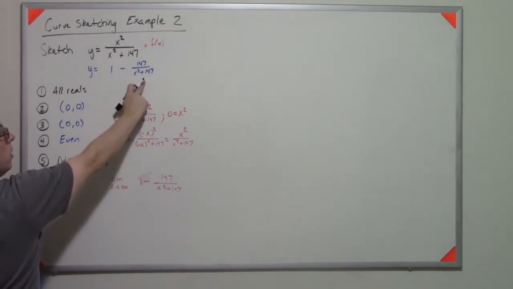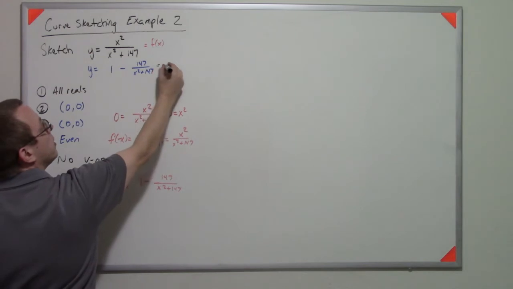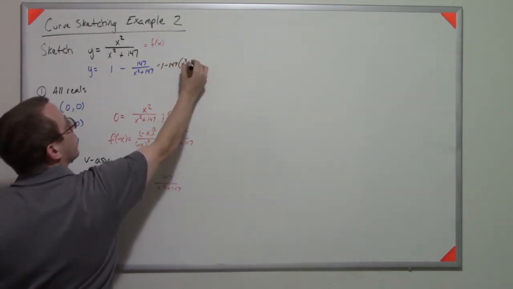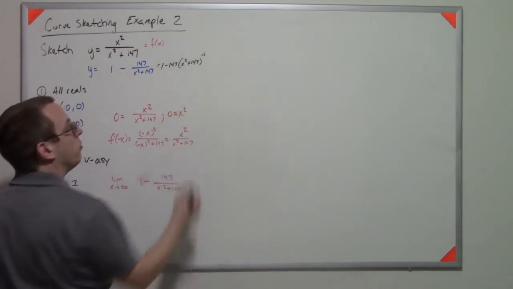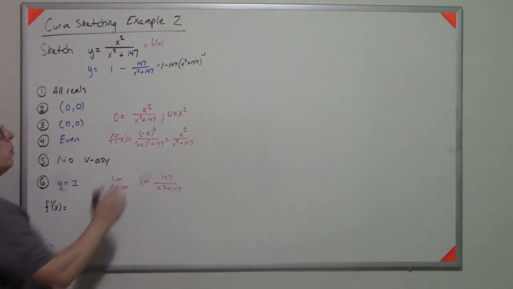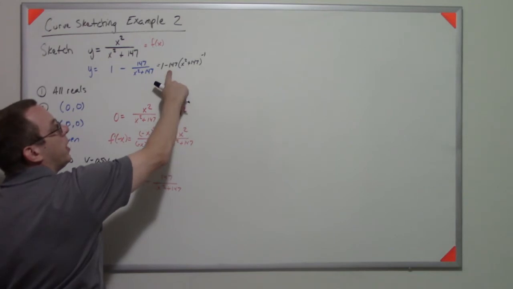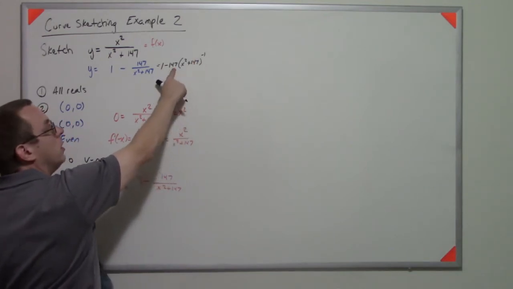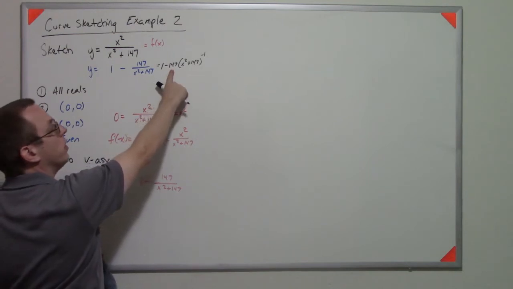You could also rewrite this as 1 minus 147 times x squared plus 147 to the negative 1. Then you would bring down the negative 1, so the 1 gives 0, and you bring down the negative 1 to make that positive 147.